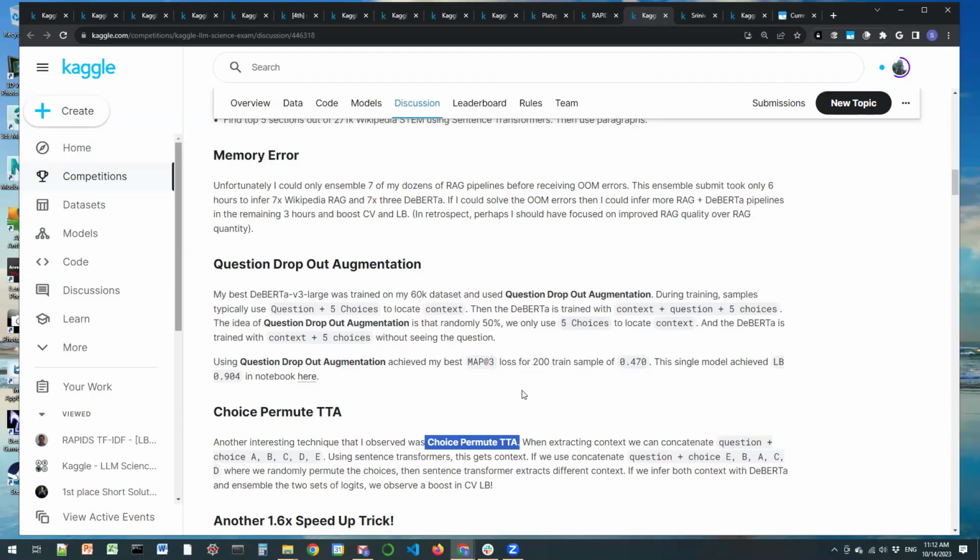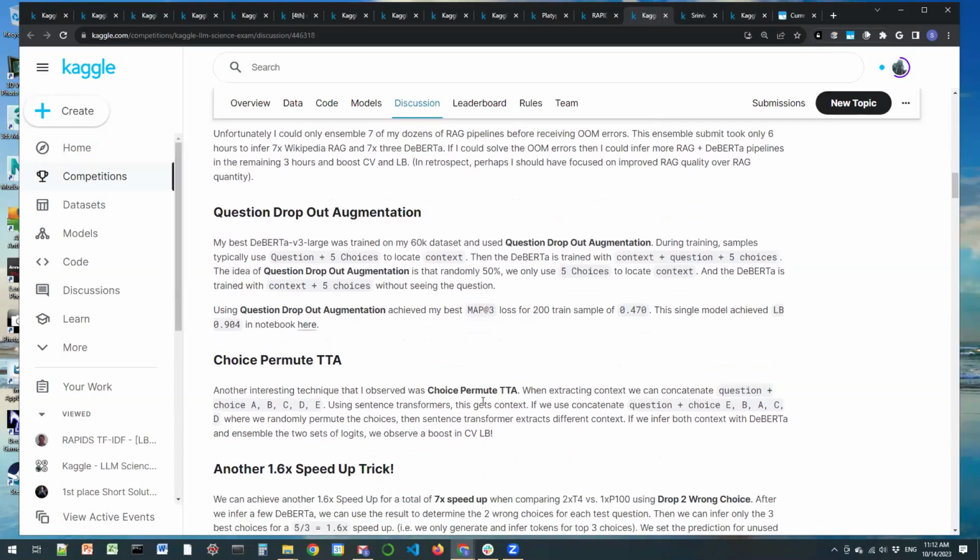It would only be if you were using something like Llama that you could have used that technique. Ah, okay, nice. So in Deberta, you didn't see a difference, even when using a larger CV. No, it's exactly the same. When you're using that multiple choice model, it doesn't matter what order you put the choices in. Oh, I see.